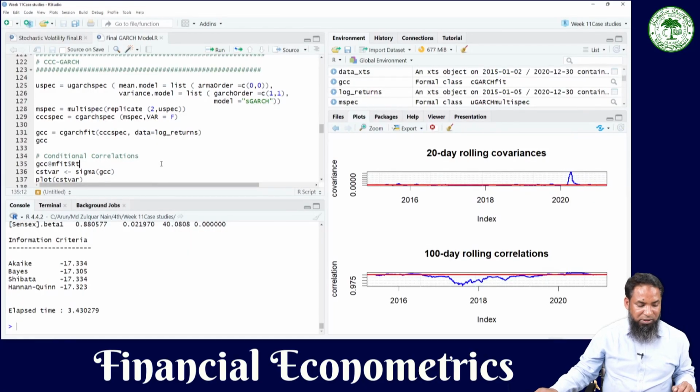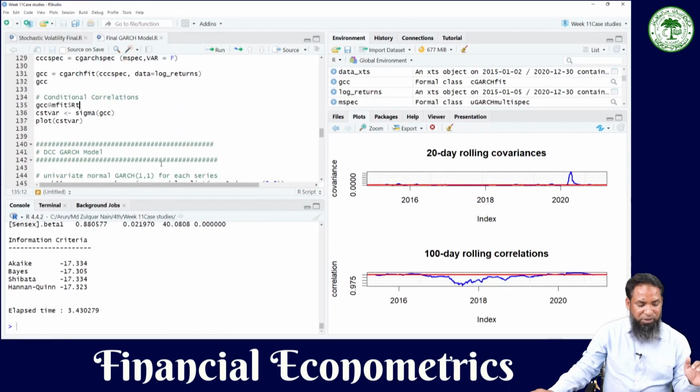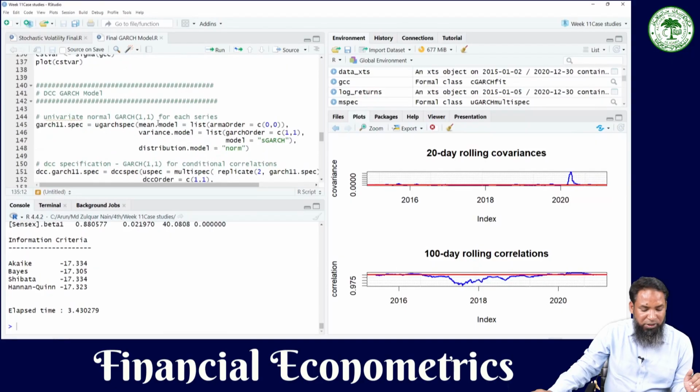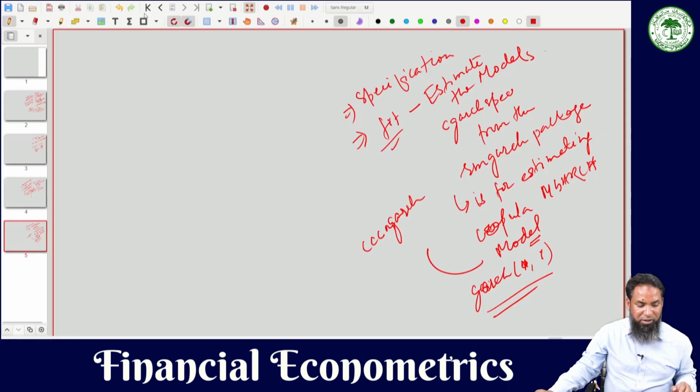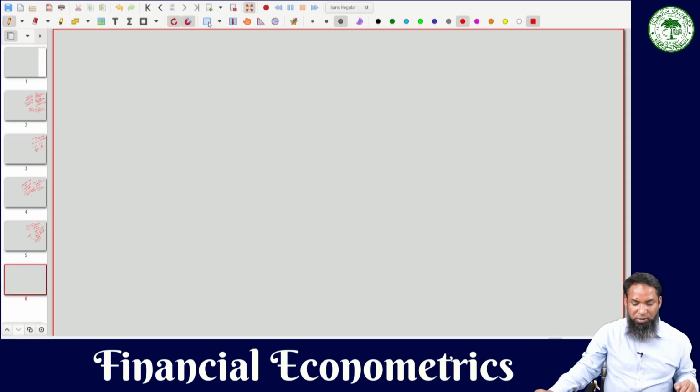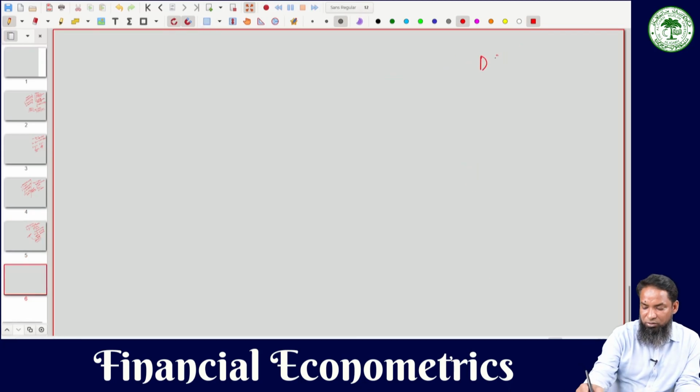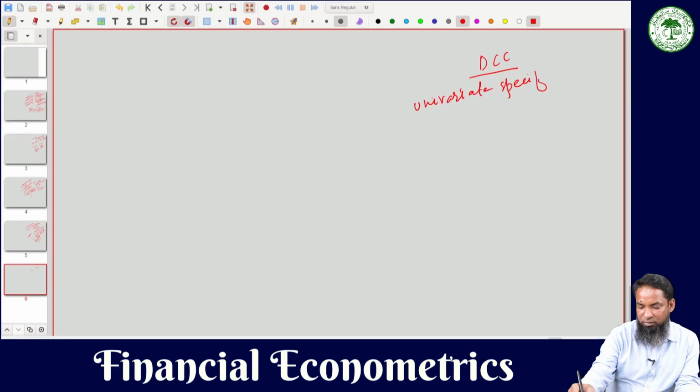As we discussed in the beginning of this lecture, we will not discuss much about the constant conditional correlation model. We will discuss in detail the dynamic conditional correlation GARCH. Here we follow the same process in the multivariate DCC GARCH also. In the DCC GARCH, first we will get the univariate specification.